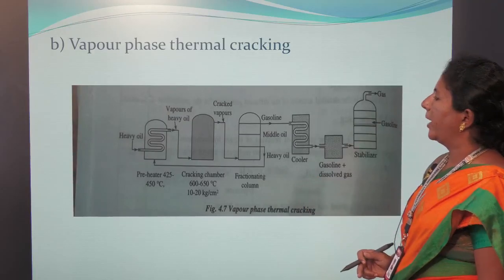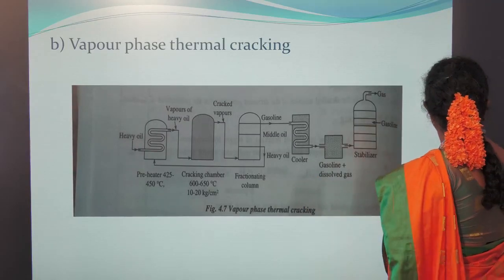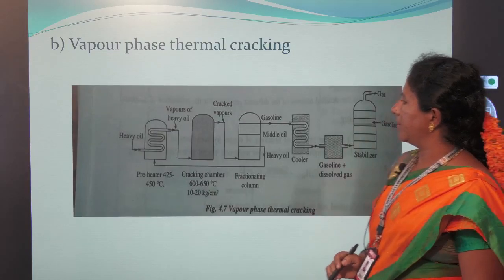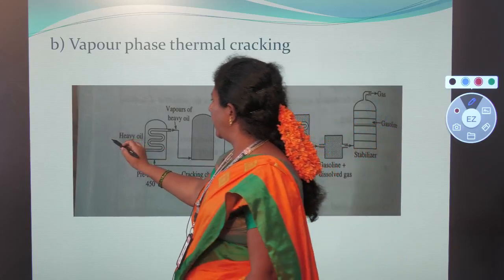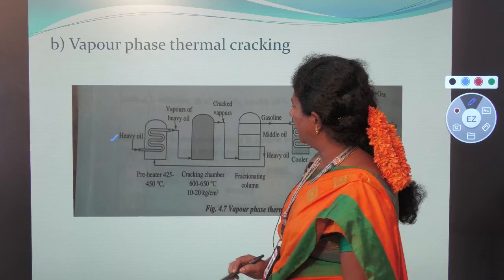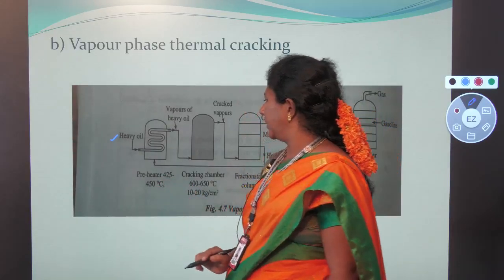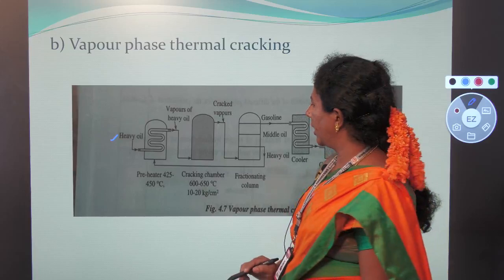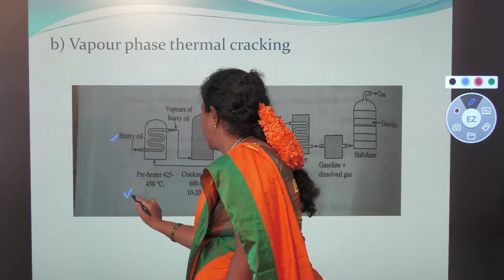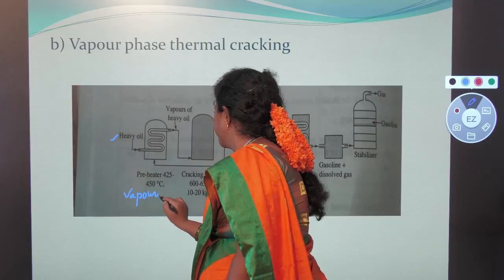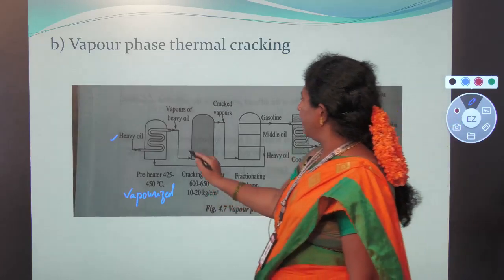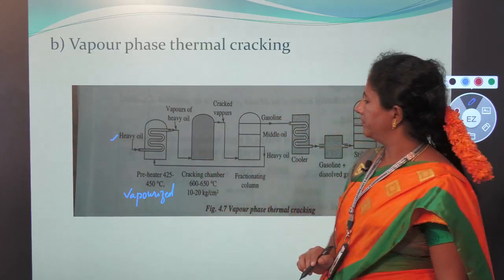Next is vapor phase thermal cracking. In vapor phase thermal cracking, the heavy oil obtained in the fractional distillation process of refining of petroleum is first preheated in a preheater to 425 to 450 degrees centigrade. That means the heavy oil is first vaporized, and these vapors are passed into the cracking chamber.